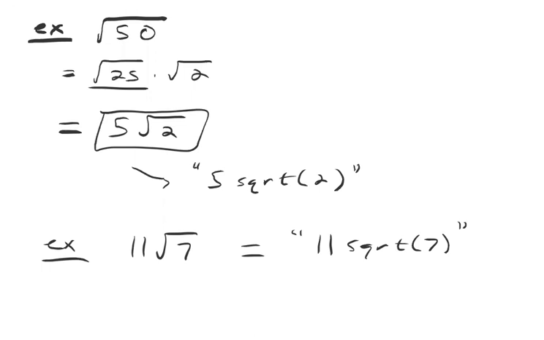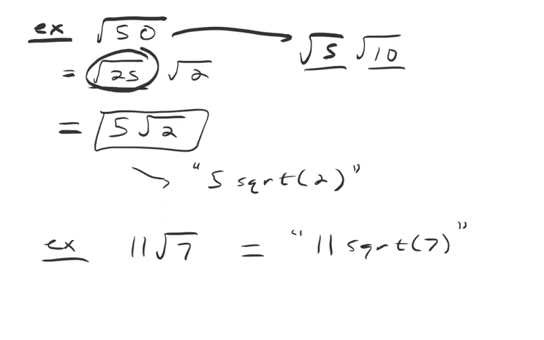I have a quick question. What if you broke it down differently? Like 5 and 10? You can do that, but that doesn't really help you because neither of them is a perfect square. You've got to pick a factor that is a perfect square, otherwise it's a dead end.